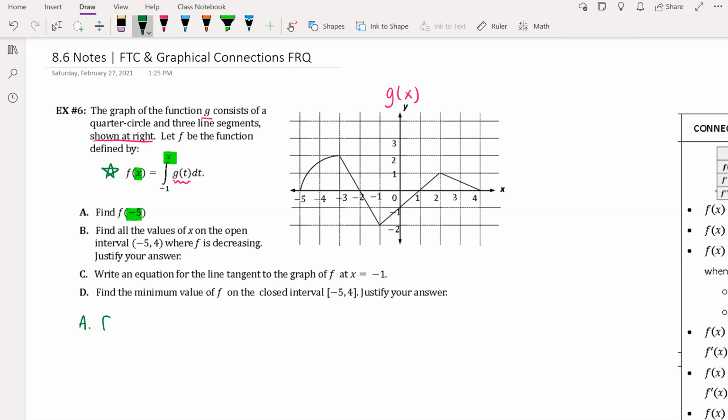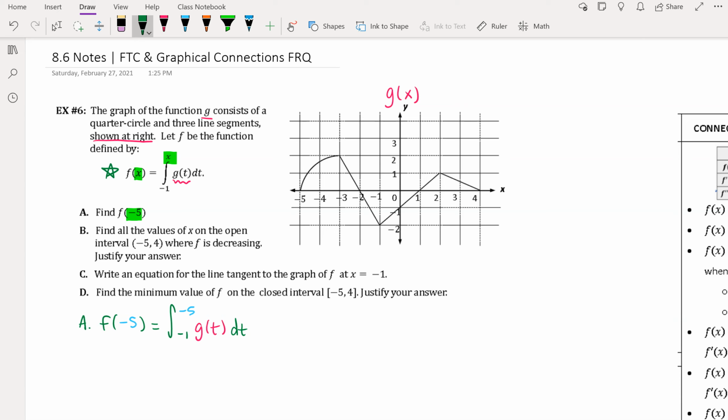All right, so f of -5 equals the integral from -1 to -5 of g of t dt.